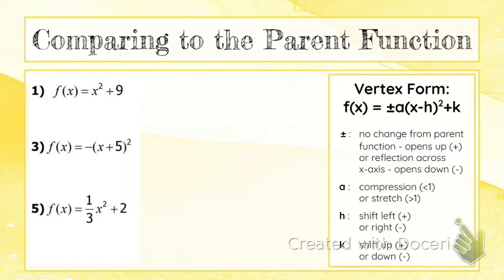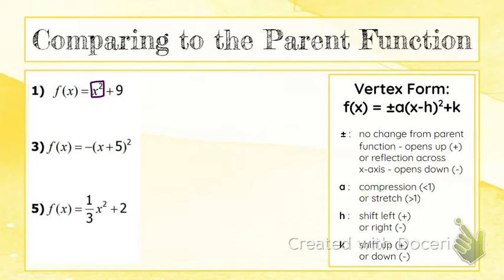So the first one, the plus 9, or let's look at it this way. All right, so we have f of x equals x squared. So that is the parent function. So anything outside of that has to be talked about because it's different.